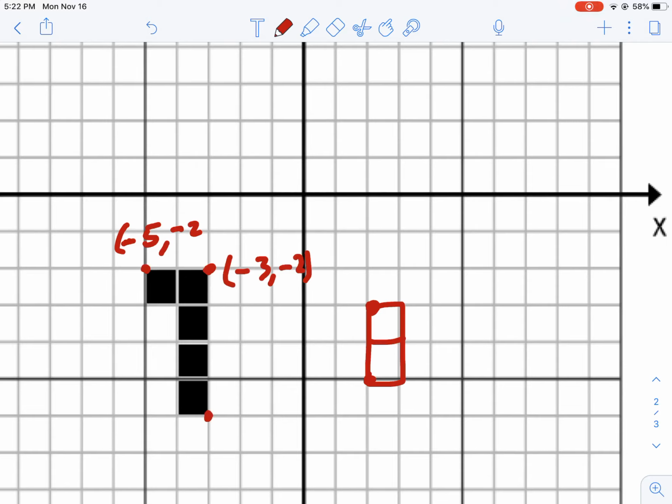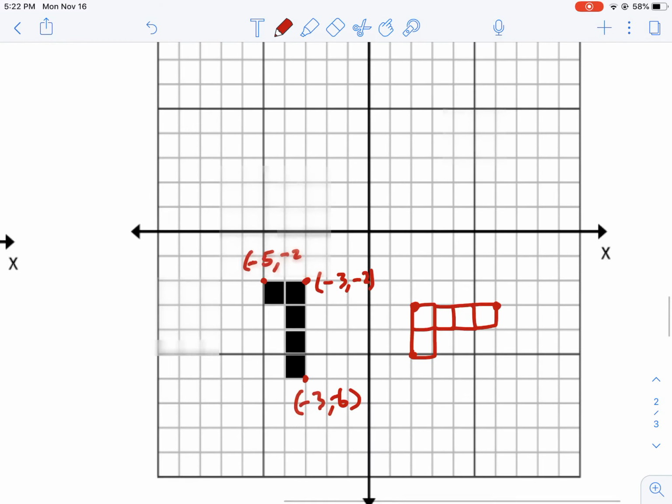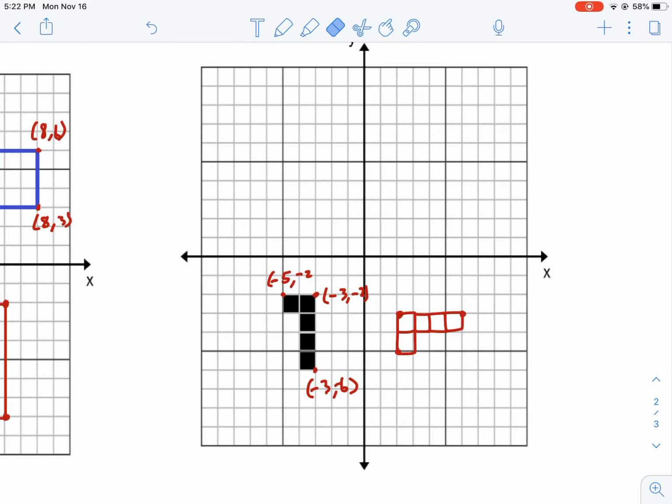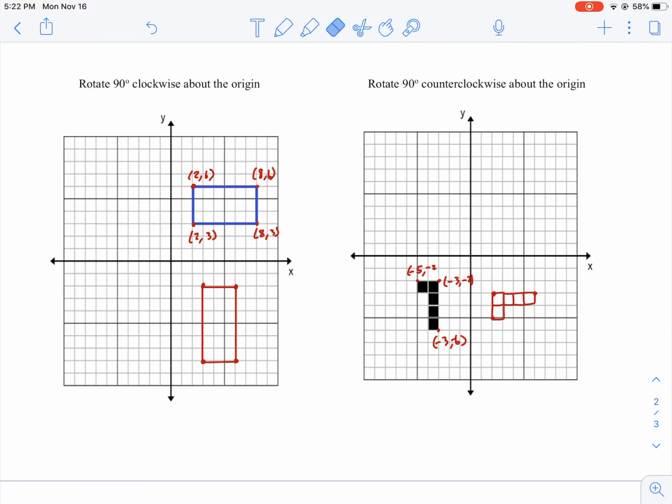This one is over 3, down 6. So we're going to go over 6, down 3. Okay. So it's going to look like that then rotated. So you can see how it's spinning as it's going along. So that's how you would do that problem.